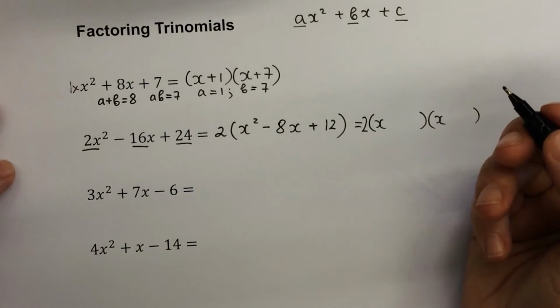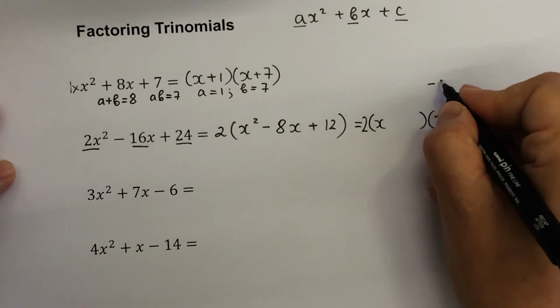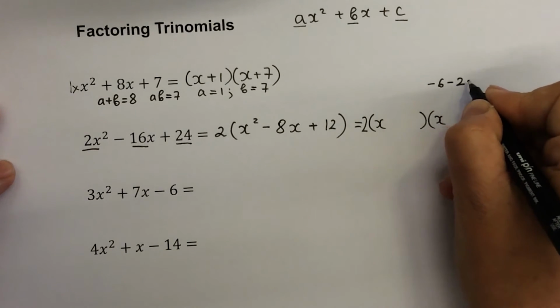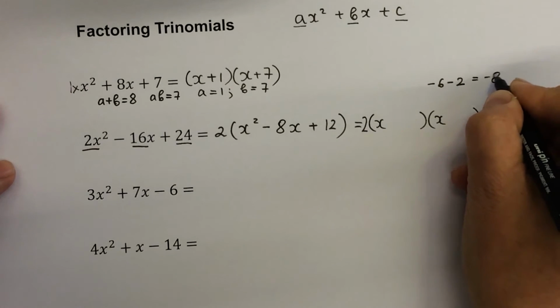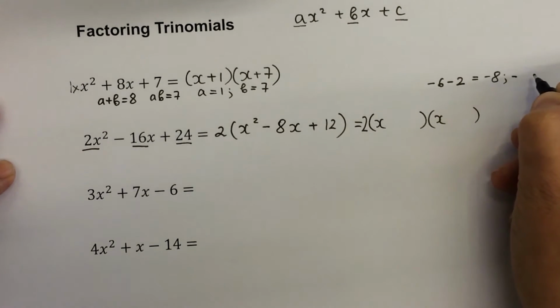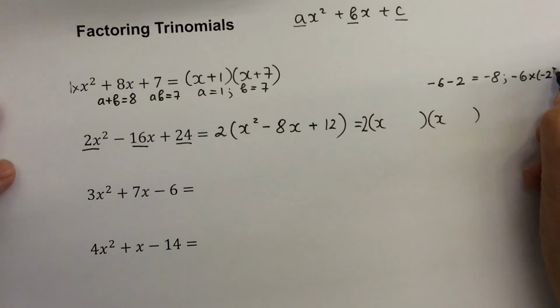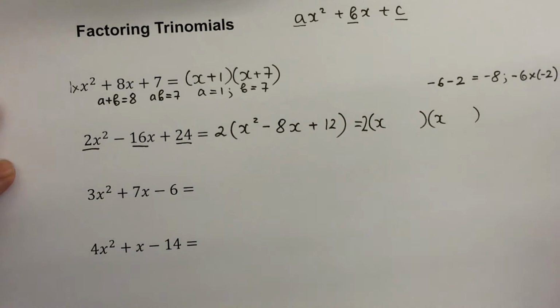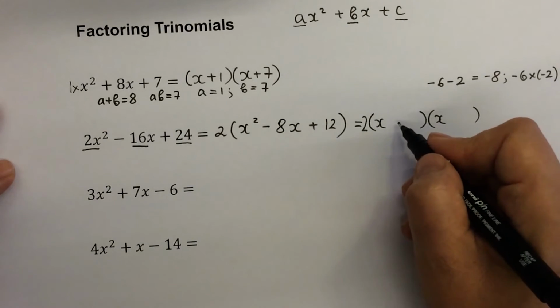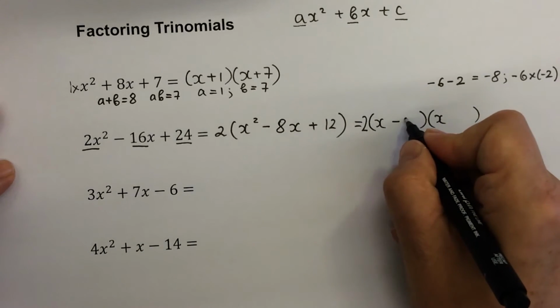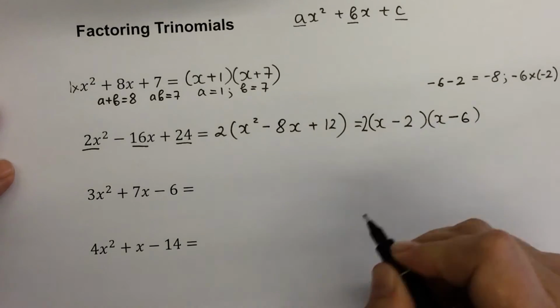So what I can think of is that minus 6 plus minus 2 equals minus 8, and can you see it, minus 6 times minus 2 equals 12. Fits. Okay, so I just put in the brackets minus 2 and minus 6.